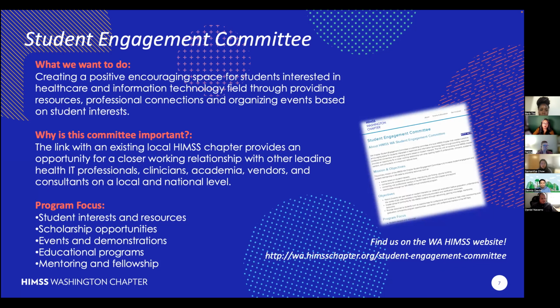We want to put on events geared toward student interests and provide scholarship opportunities. Every April, we have a scholarship program that goes out, and in the fall, we're starting a mentoring pilot. Those are just a couple of focuses that our Student Engagement Committee features.